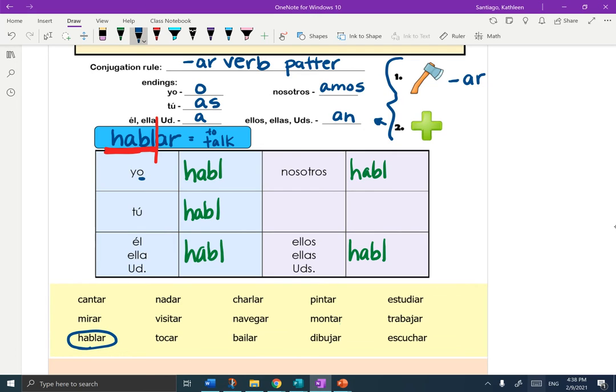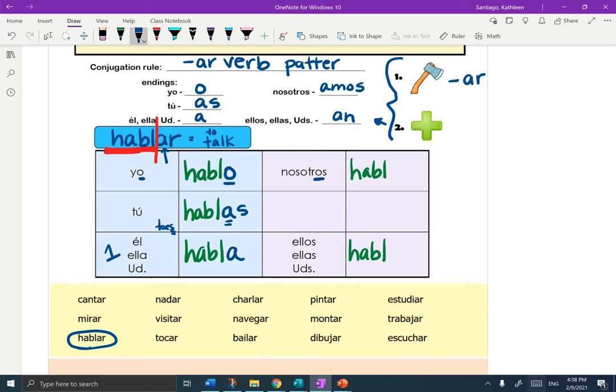Yo ends in an O, and so does this. Hablo. Yo hablo. I always remember you have two big toes. Two big toes. Toes ends in an S, and so does this one. Tú hablas. This A comes from the AR verb ending. Tú hablas. Él, ella, usted. Any one person or thing, one vowel, and the vowel comes from the ending, AR. Él habla.